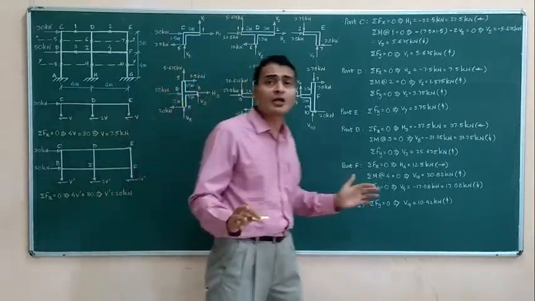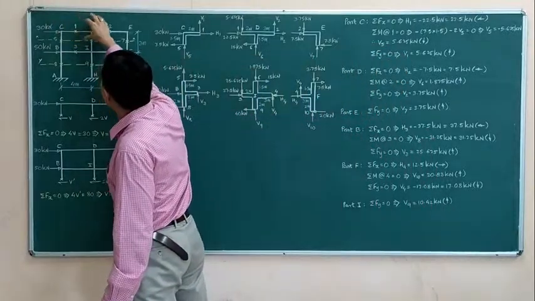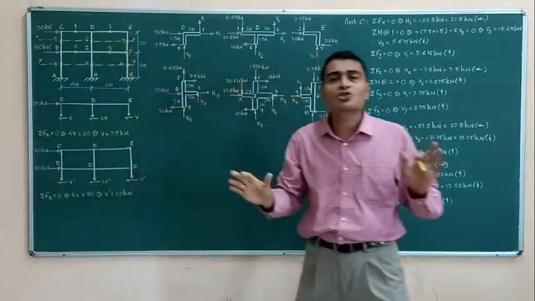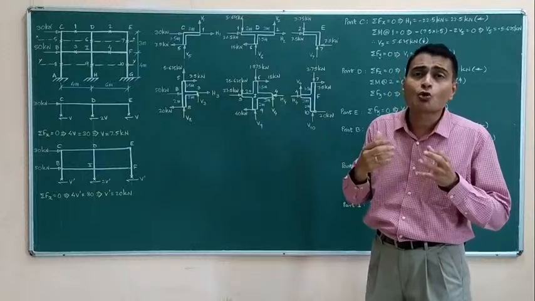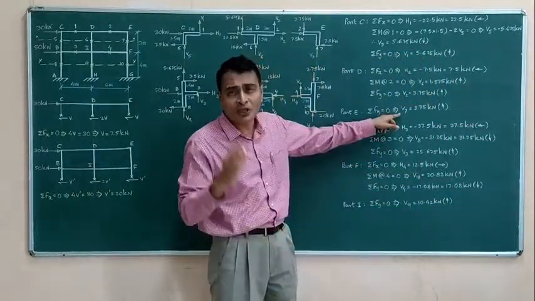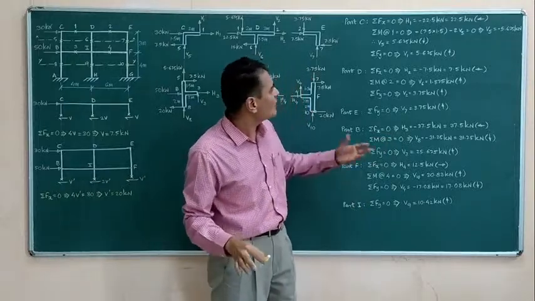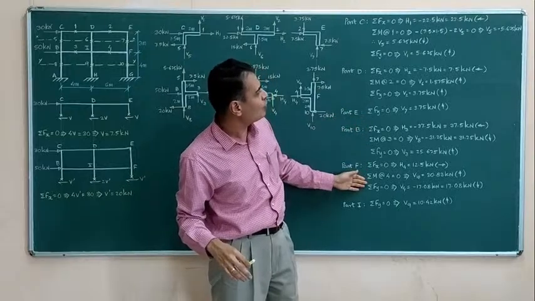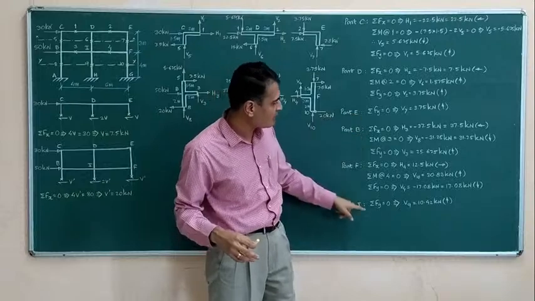So what we have done, we have isolated C, D, E, B, I, F. These portions we isolated. We have drawn 6 FBDs. So 6 into almost 3. Almost 3 I am saying because here you require to apply only one equation. Here also you require to apply only one equation. So at 4 places you are applying 3 equations, that is 12 equations, and 13 and 14.